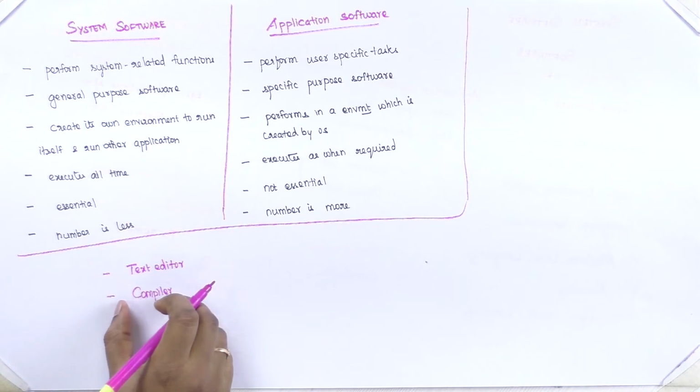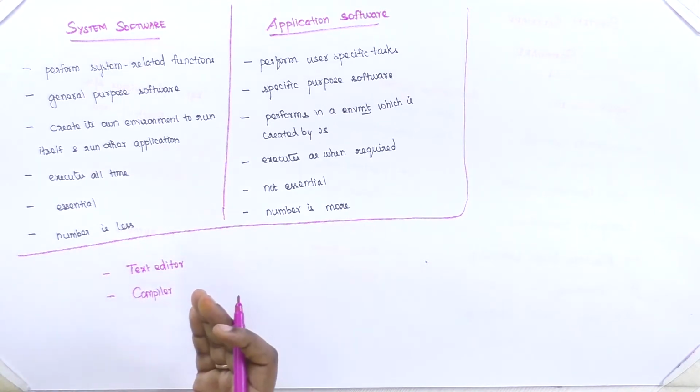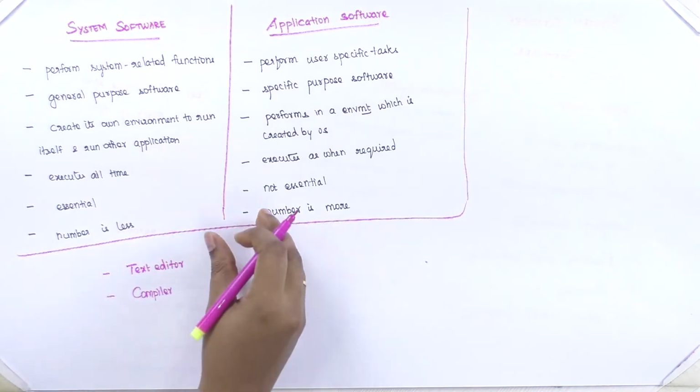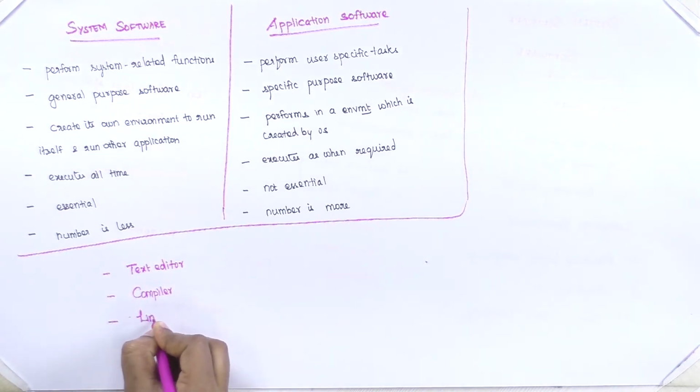As we have seen before, compiler is a type of language processor. It helps in converting our high level instructions into machine level instructions as a whole. So compiler will translate our high level language program into machine level language. While compiling, linker is a special type of system software.